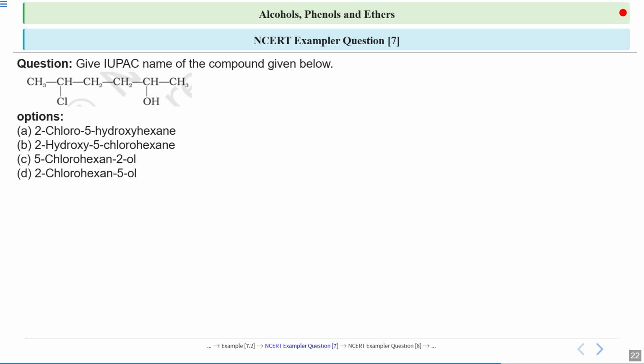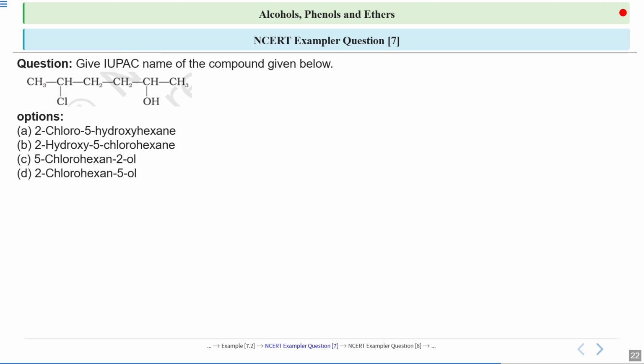Let's solve an NCERT exemplar question number 7. The question is, give the IUPAC name of the compound given below. We have the image of a compound CH3 CHCl CH2 CH2 CHOH CH3. You have to write the IUPAC name of it.